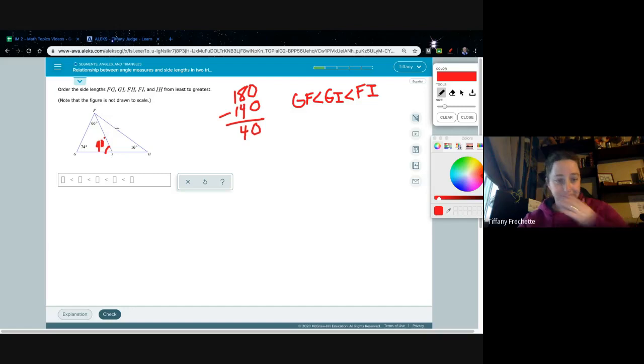All right, so now I need to figure out this triangle, and I need to put them in order, least to greatest, but I only have one angle. If we remember, again from Geometry 1, a linear pair means that there are two angles on the same line, and if they're on a line, they always equal 180 degrees.